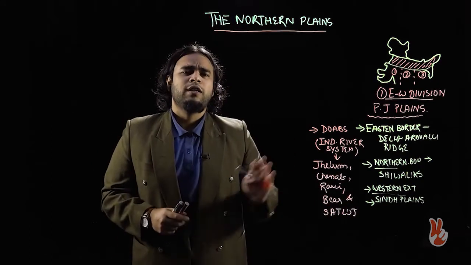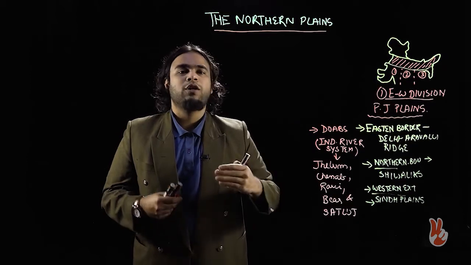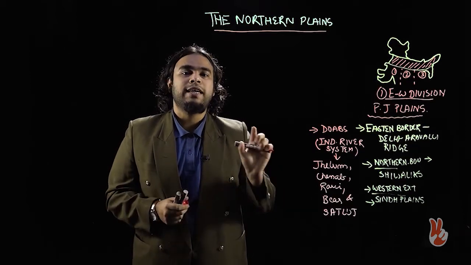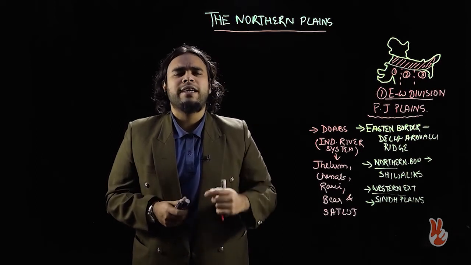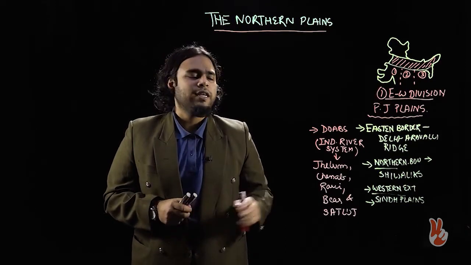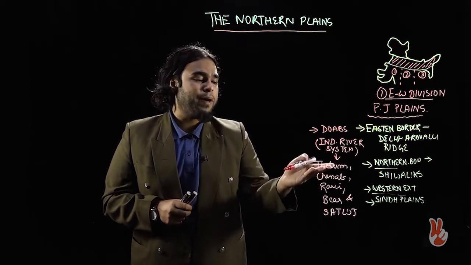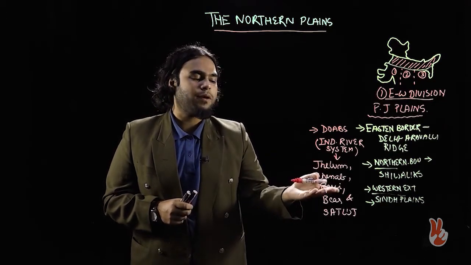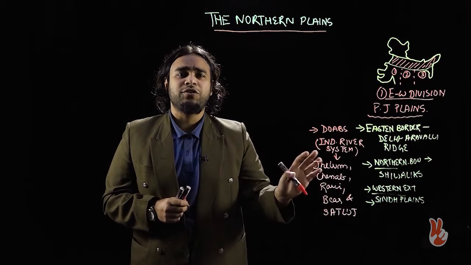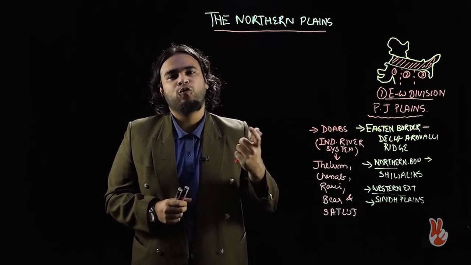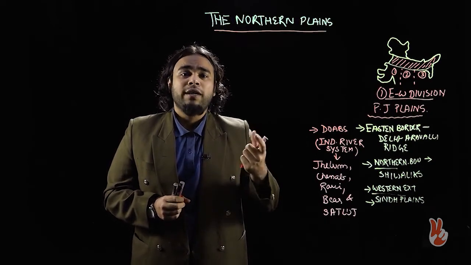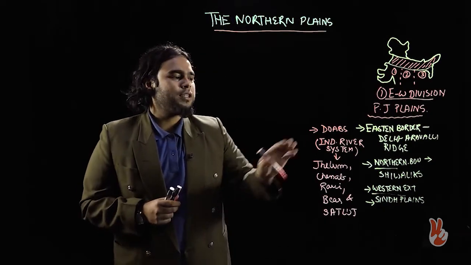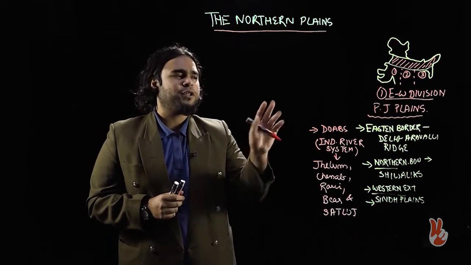Okay, so the definition of doab is a land area that is drained by two river systems or a land area that has been formed by two rivers. Since this area has been drained by many rivers like Jhelum, Chenab, Ravi, Beas and Sutlej, this region is marked by the formation of doabs. So doabs are nothing but lands that have been formed by two river systems. Okay, so this is a very distinctive feature of your Punjab Plains.